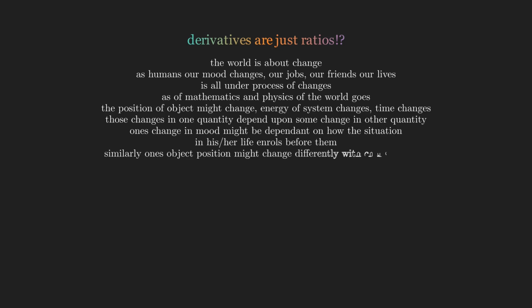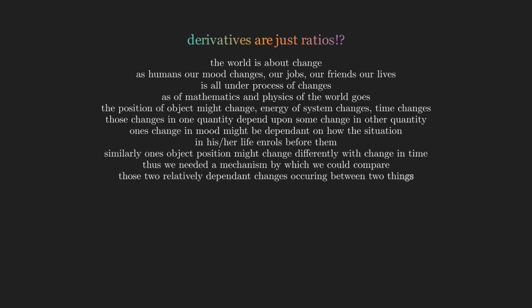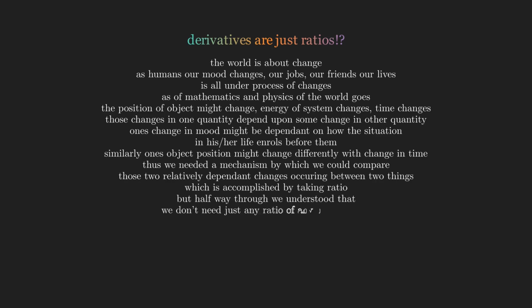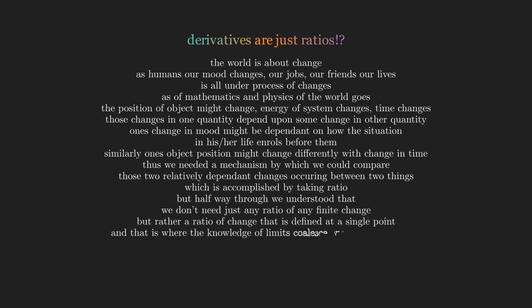Similarly, one's object position might change differently with different changes in time. Thus, we needed a mechanism by which we could compare those two relatively dependent changes that occur between two things, which is accomplished by taking the ratio between them. But halfway through, we understood that we don't need just any ratio of any finite changes, but rather a ratio of change that is defined at a single point. And that is where the knowledge of limits coalesces with the concept of ratio to give us what we know as derivatives.